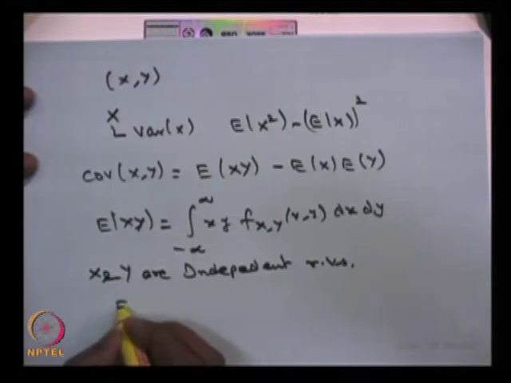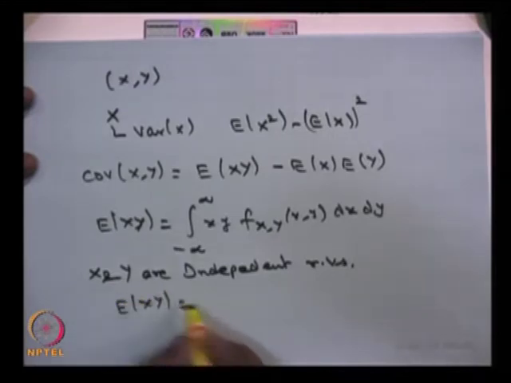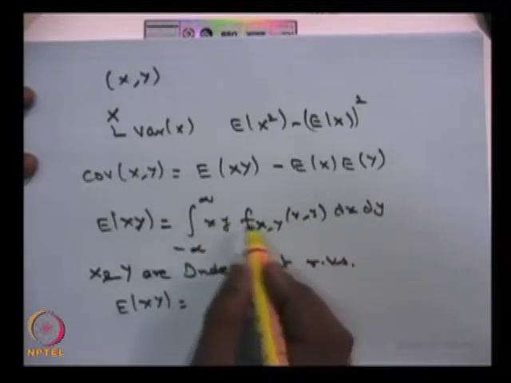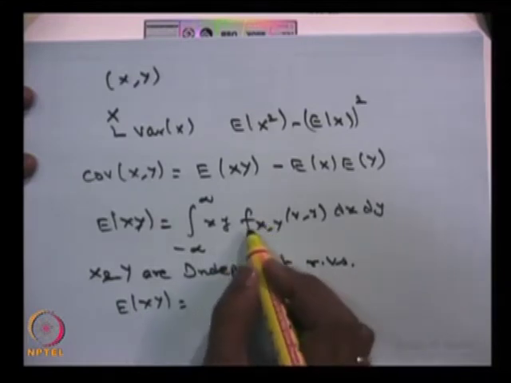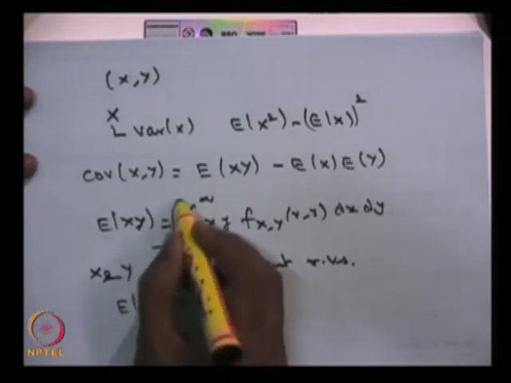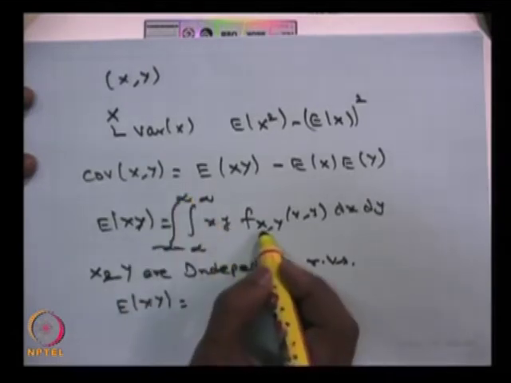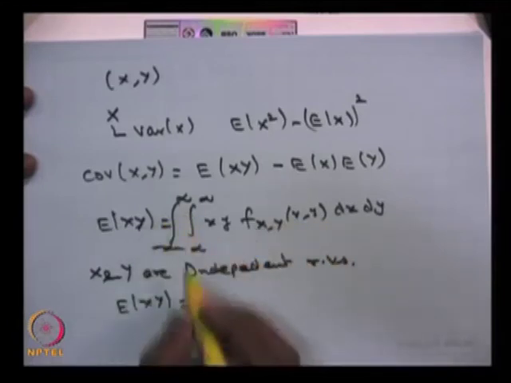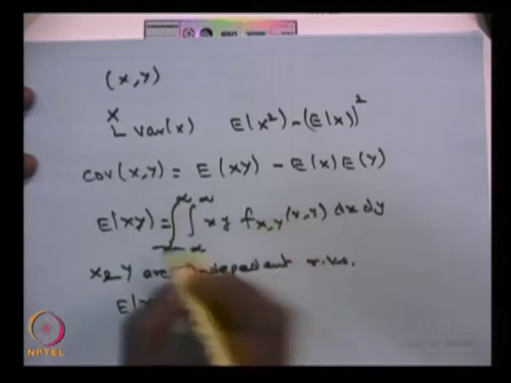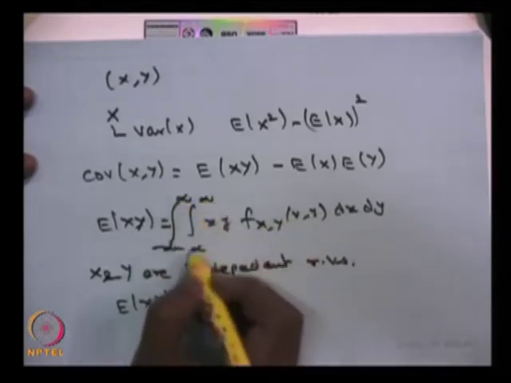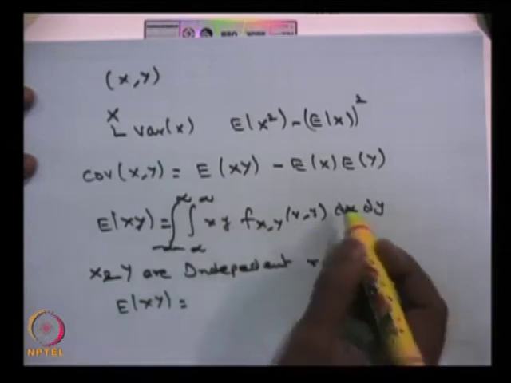Then for the expectation of x into y, in the situation where both random variables are continuous, the integration from minus infinity to infinity will be split into two parts, because the joint density f of x comma y is going to be the product of the individual density functions. Therefore the integration splits into two single integrals: minus infinity to infinity x times f of x dx, and minus infinity to infinity y times f of y dy.